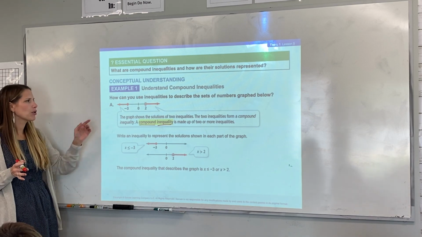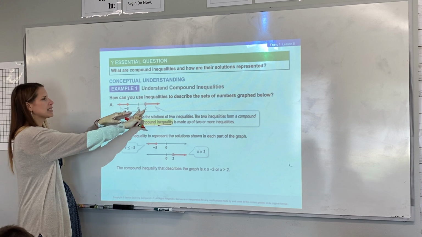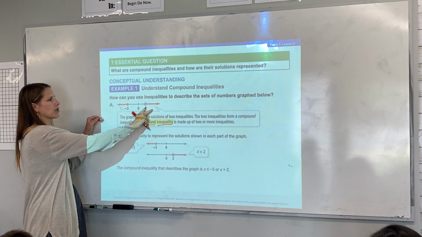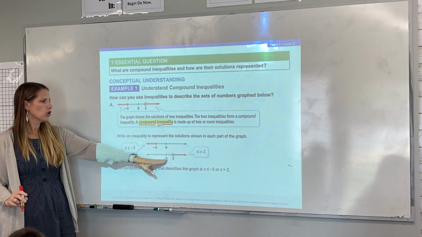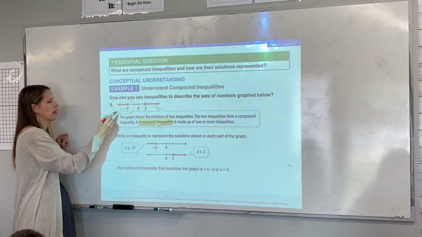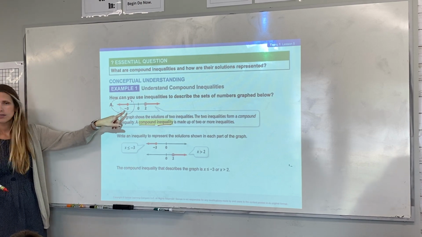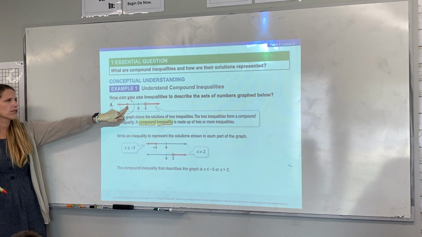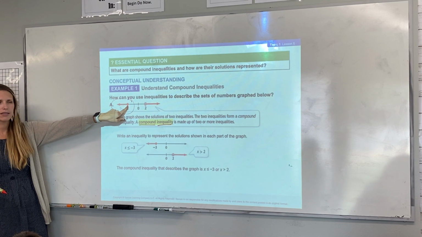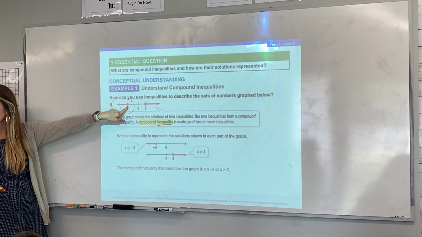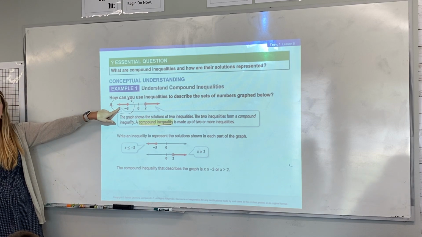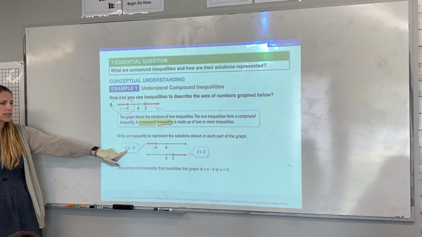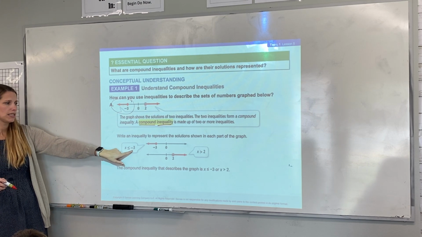Let's break it down. If we separate this number line into two separate number lines, let's deal with this one first. Negative 3 is where our point is. It's filled in, so it means equal to, or x has to be less than. So it would be x is less than or equal to -3.